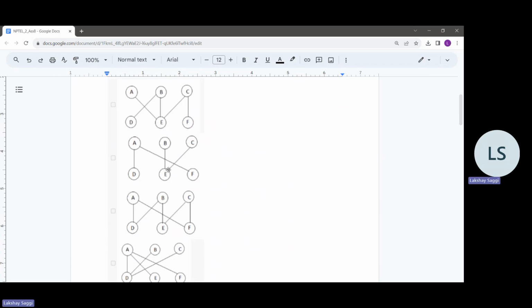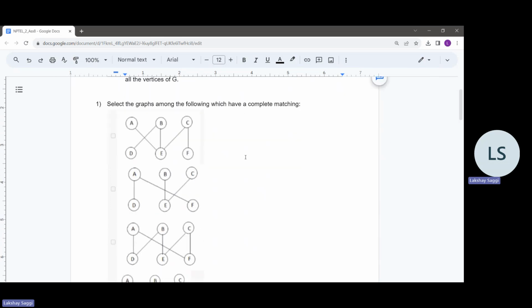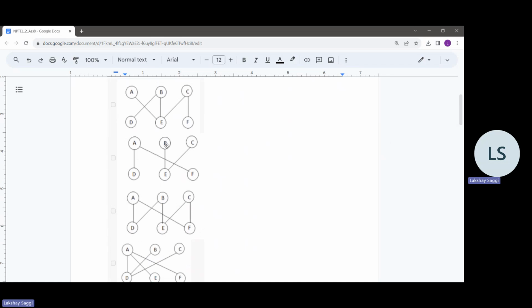But note that this is not possible because, as we defined the matching, in a matching no two edges should share a common vertex. So here we can see if the complete matching has this B comma E edge and this C comma E edge, then E is a shared vertex.